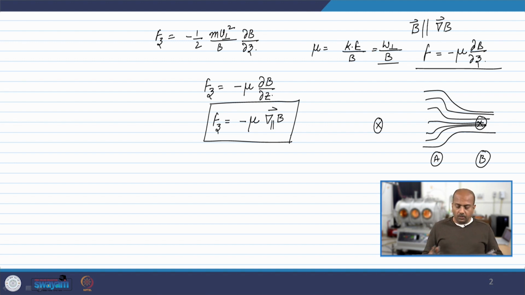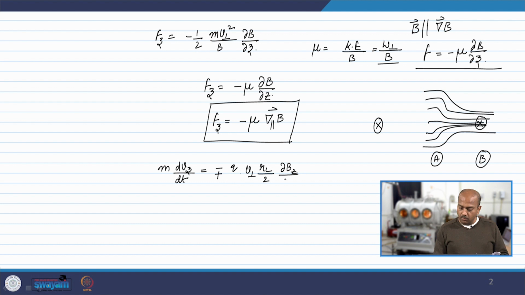Okay. So, let us say we start by conserving the energy. We will write the force as m dVz by dt is equal to minus plus q v perpendicular RL by 2 dou Bz by dou z. How did I get this expression? This is the original expression.